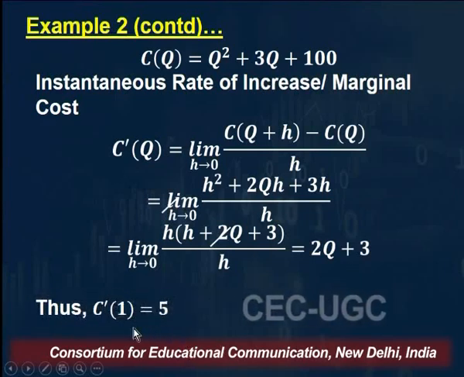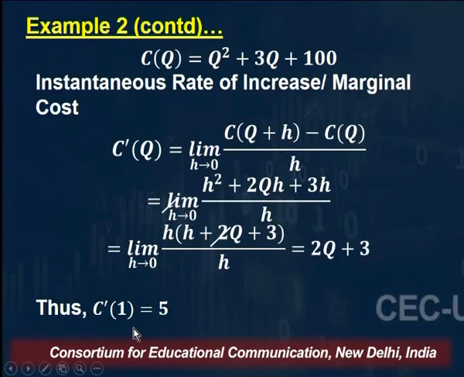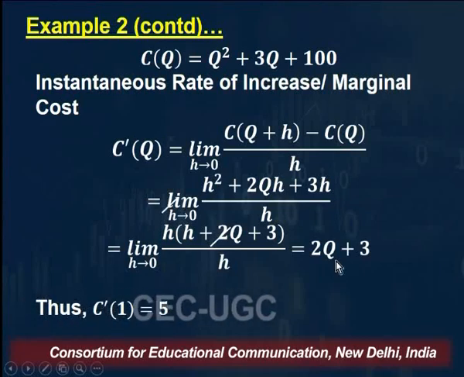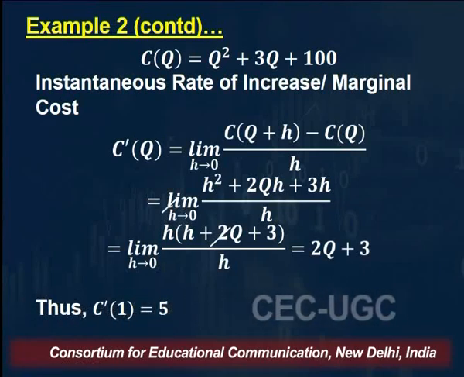So the marginal cost when we are at the point Q equal to 1 is nothing but 5, because that was our original level of production.